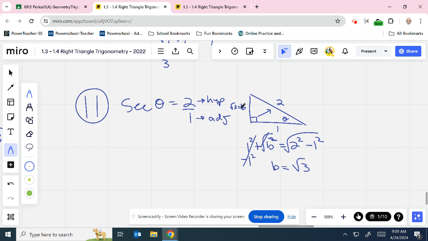So now I can get all my other trig functions. I know cosine of theta is going to be 1/2. That's going to be 1/2 because it's 2 over 1 flipped over. Sine of theta is going to be OH. O is radical 3 and H is 2, so it's radical 3 over 2.